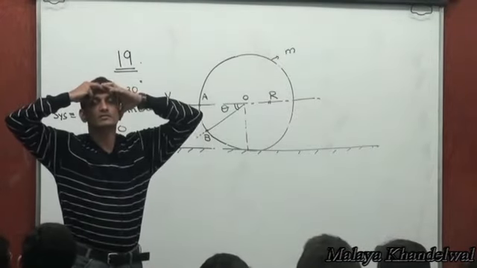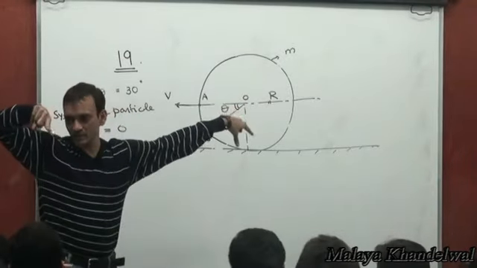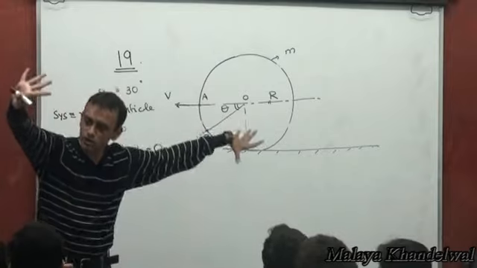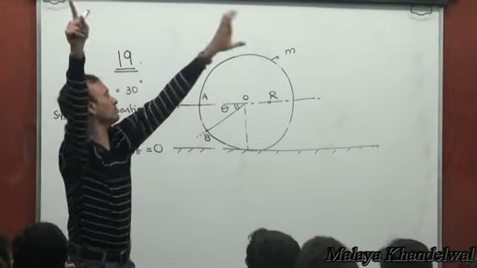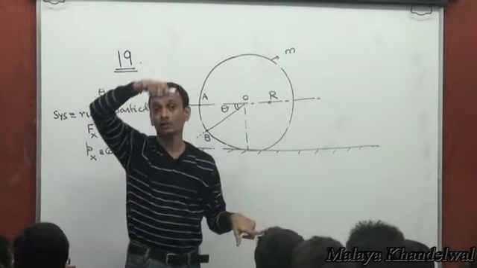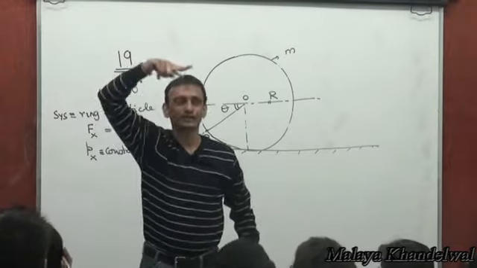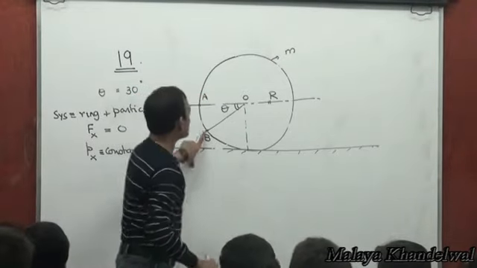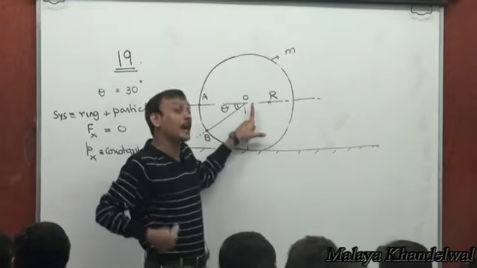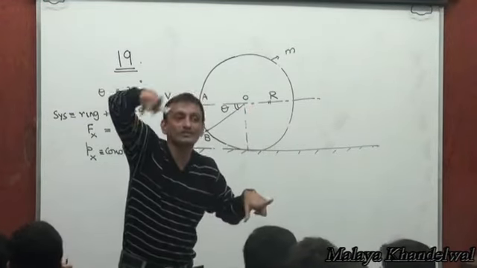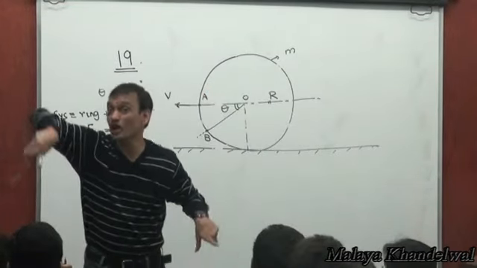If there is an observer at the center of the ring, attached to the ring, what would be the motion of this particle that this observer perceives? Circular. The motion of this particle as perceived by an observer at O attached to the ring will be circular.